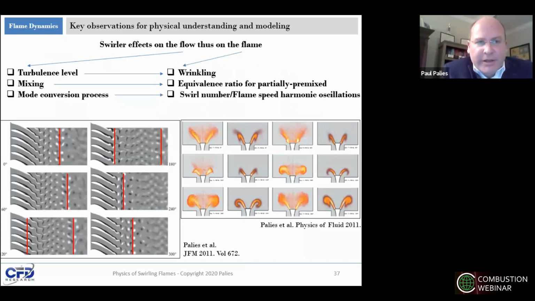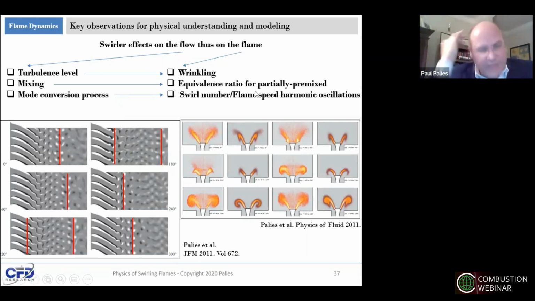So now I'm gonna talk about flame dynamic, and these are key observation for physical understanding and modeling. And like we said before, the swirler has a key effect on the system. It has a key effect on the flow, thus on the flame. So it drives turbulence level.